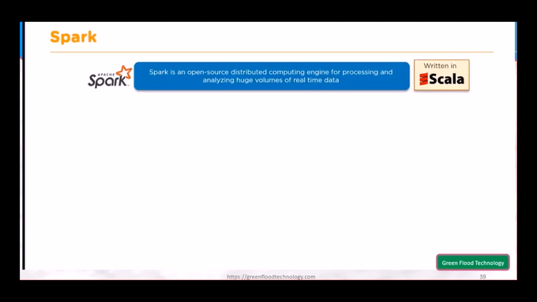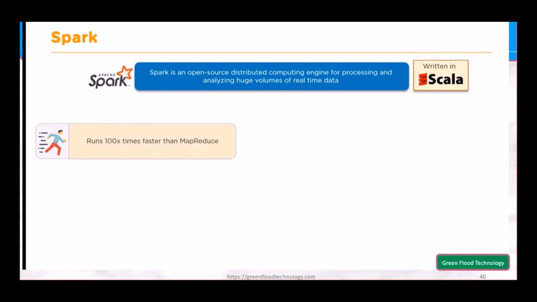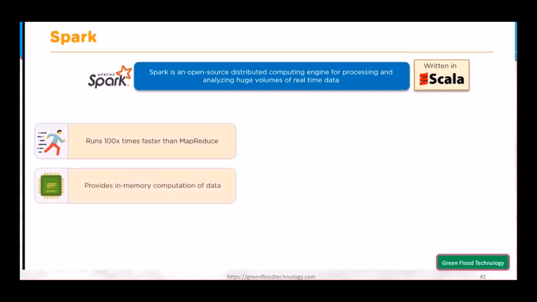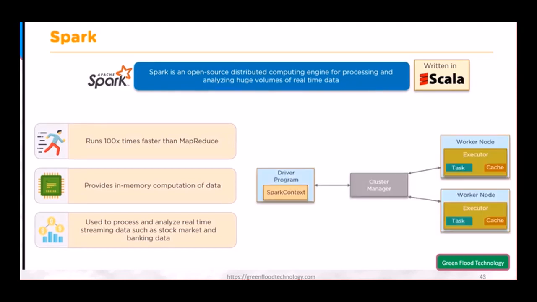It runs 100 times faster than MapReduce for large-scale data processing by exploiting in-memory computation. It executes in-memory computation to increase the speed of data processing over MapReduce, and is used to process and analyze real-time streaming data such as stock market and banking data. In general, Spark is a real-time in-memory data processing framework.